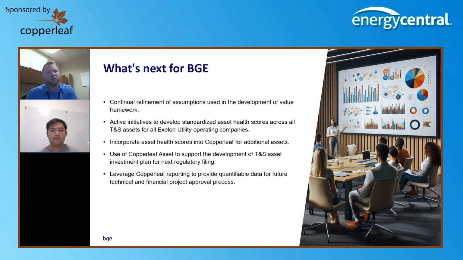Across Exelon, we're currently working on an initiative for all the Exelon operating companies to develop standardized asset health scores across all of our assets. And then once we have those in place, through the OCB work that we did, we do leverage the health score for the OCB inside of Copperleaf. We don't do all of the analysis on deriving that health score in the Copperleaf tool.